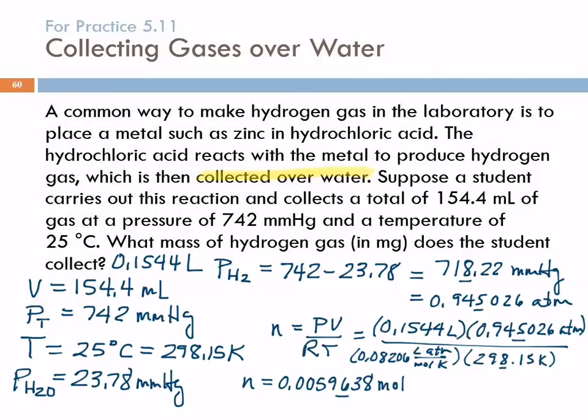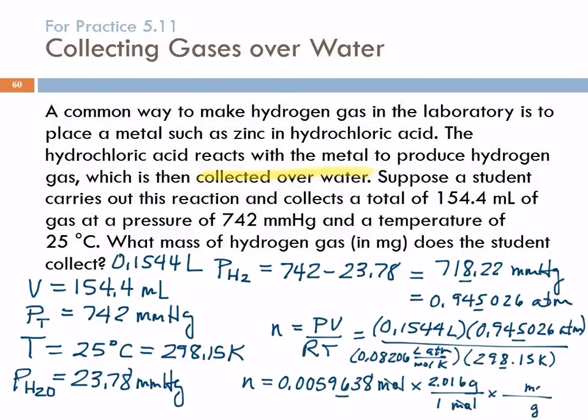I need to convert to grams. Grams per mole. What's the mass of 1 mole of hydrogen gas? 2.016, because it's diatomic. So that'll get me grams, and then I need milligrams. So I'm going to toss that in here.